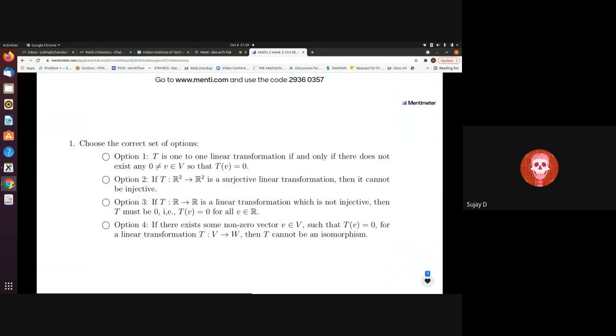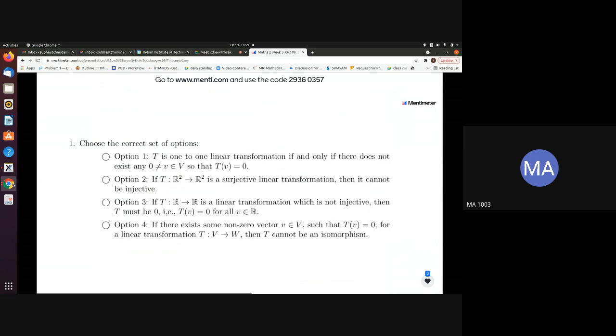Not injective means nullity is not 0, right? Then why is the whole of R in the null space? You are correct, but why? From the rank-nullity theorem, rank can be maximum 1. We are saying nullity is not 0.